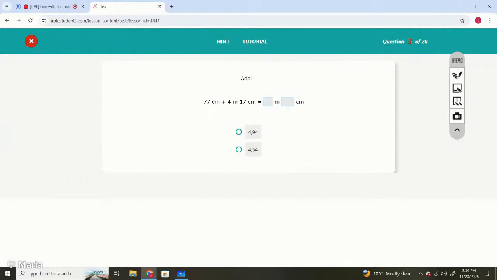That is 4 meters and 94 centimeters. Option number 1 is the correct option.